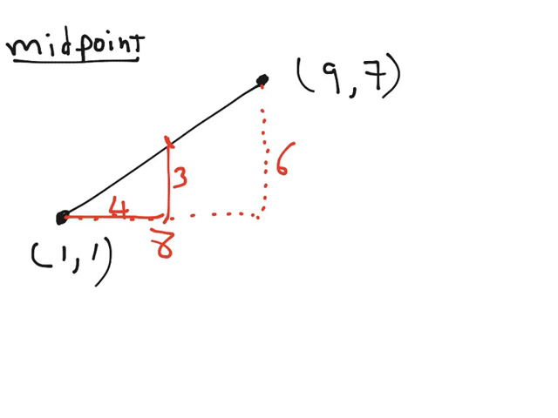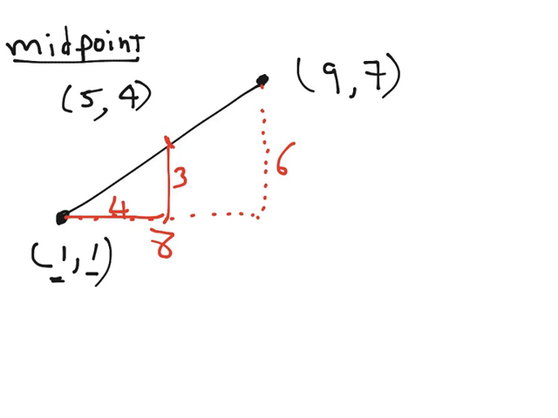So if we're starting at 1, 1 and we add 4 to the x coordinate, we get 5. And if we start at a y coordinate of 1 and we add 3, we get 4. So the point is 5, 4, and that's just halfway along the line.